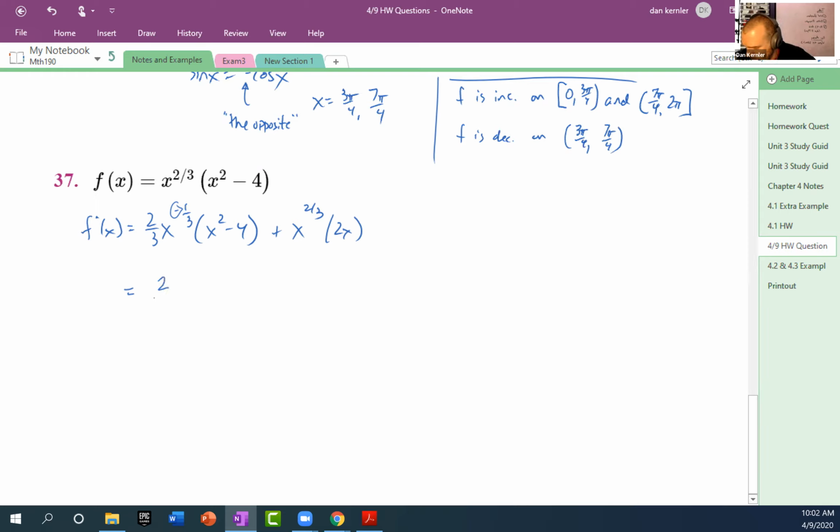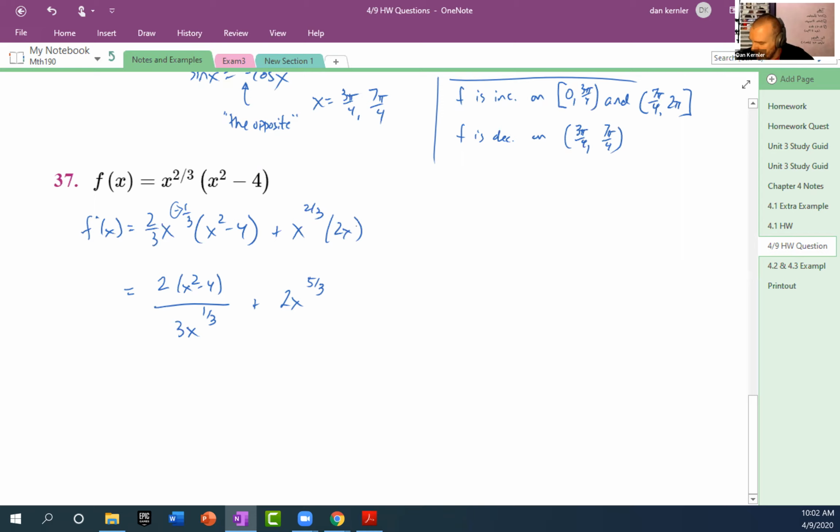So this would be 2 times x squared minus 4 over 3x to the 1/3 plus 2x to the 5/3. So the 3 was already in the denominator. The x to the negative 1/3 became x to the positive 1/3 in the denominator. And then the x squared minus 4 stayed in the numerator.